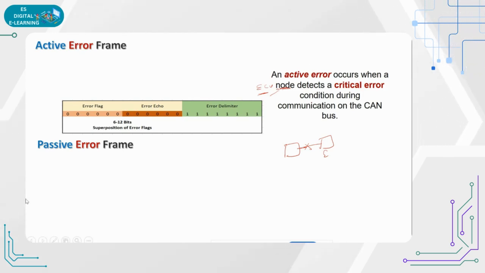You can write down: an active error occurs when a node detects a critical error condition during communication on the CAN bus.